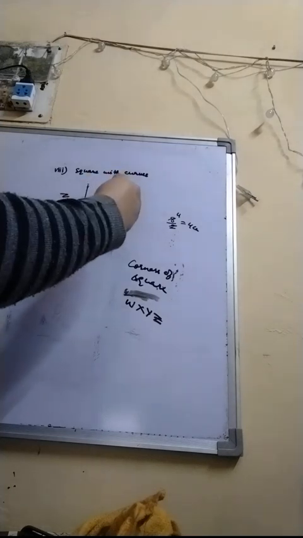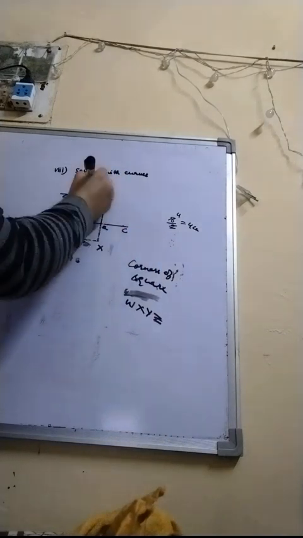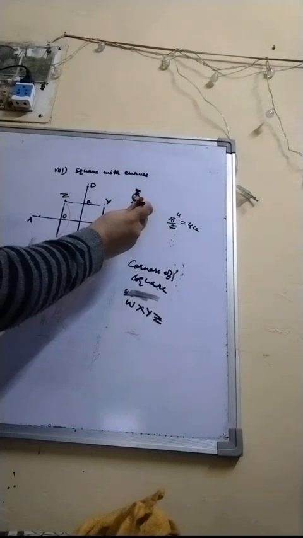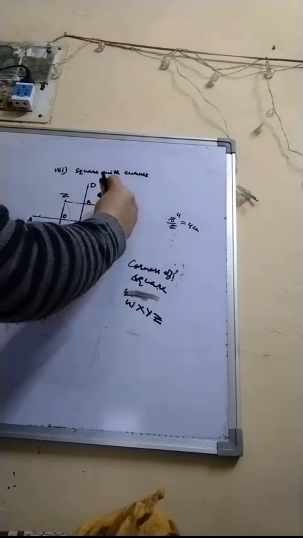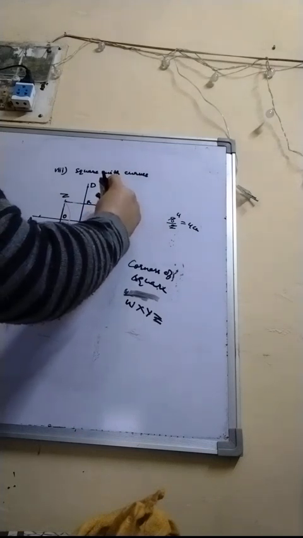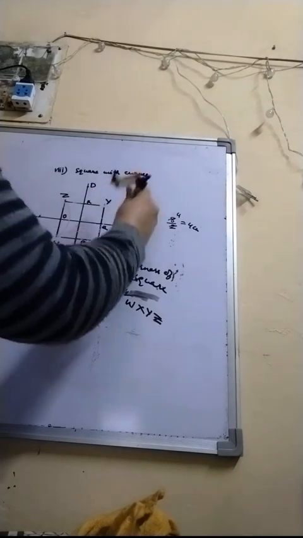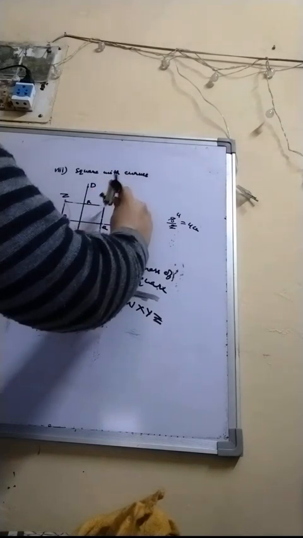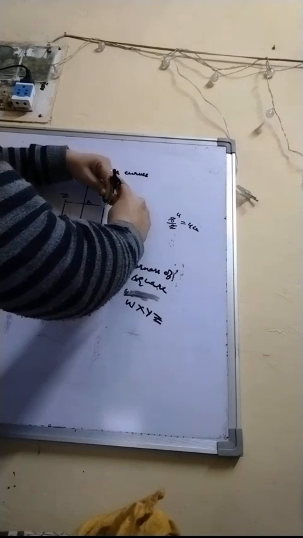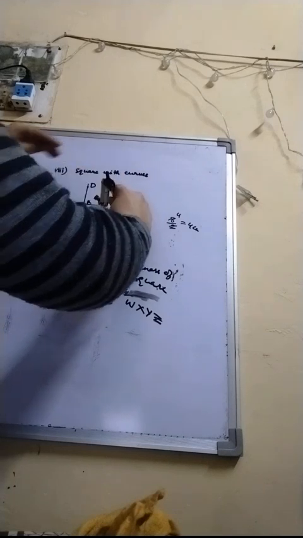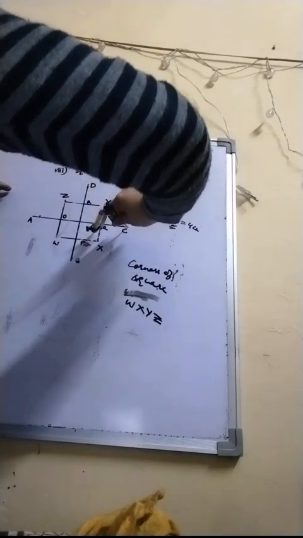Then we name this point C and this D. Put the compass at C, open till Y and draw the arc, like this.